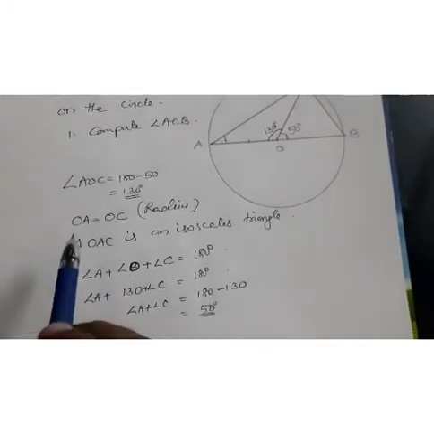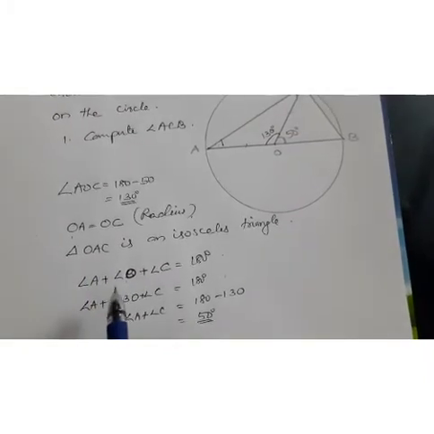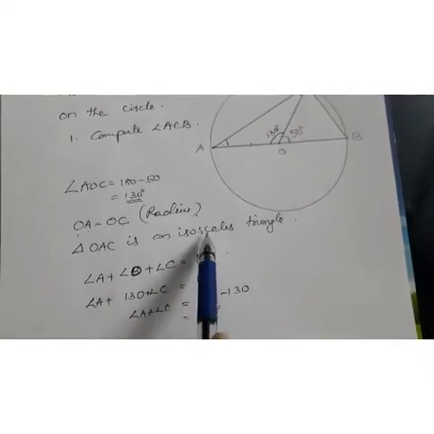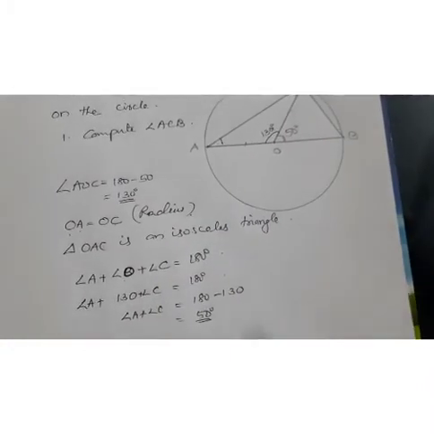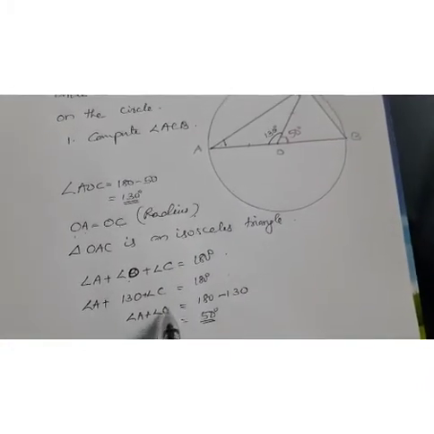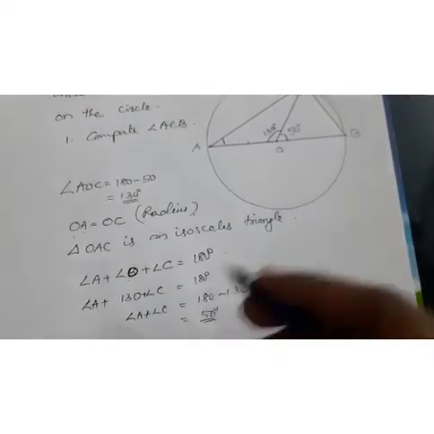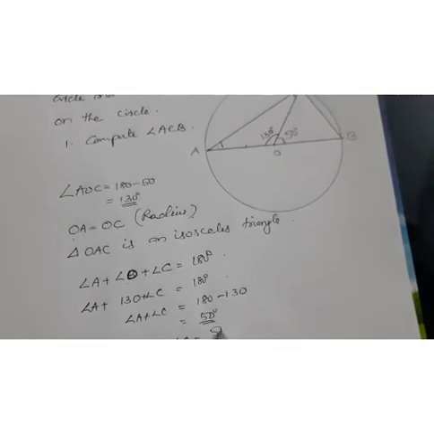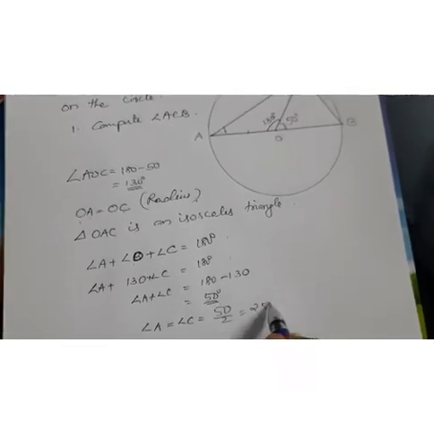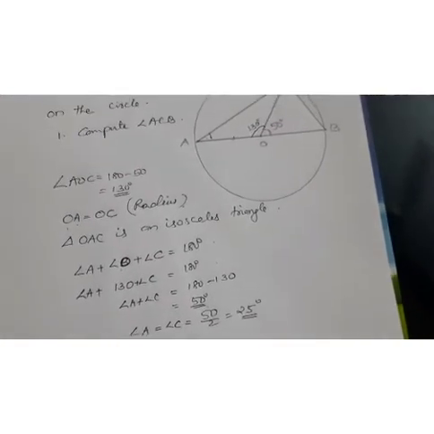And you already wrote, these sides are equal, this is an isosceles triangle. These two angles are also equal. So angle A plus angle C should be 50. Then what about angle A and angle C? It is half of that, that is 25 degree each.